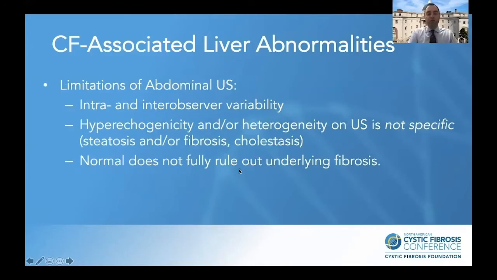We should acknowledge some limitations of abdominal ultrasound, such as the presence of intra- and inter-observer variability, the fact that hyperechogenicity and even heterogeneity on ultrasound is an important finding, but is not necessarily specific for the particular manifestation of CF abnormalities. And lastly, a normal ultrasound cannot fully rule out the degree of underlying fibrosis at milder stages.